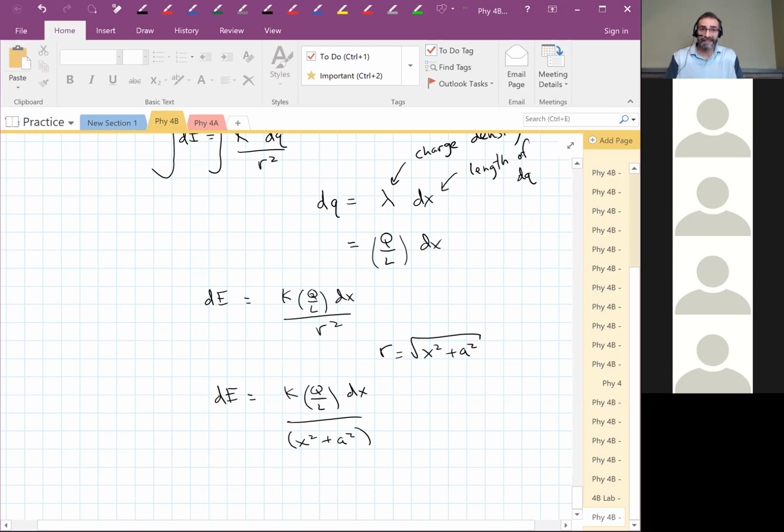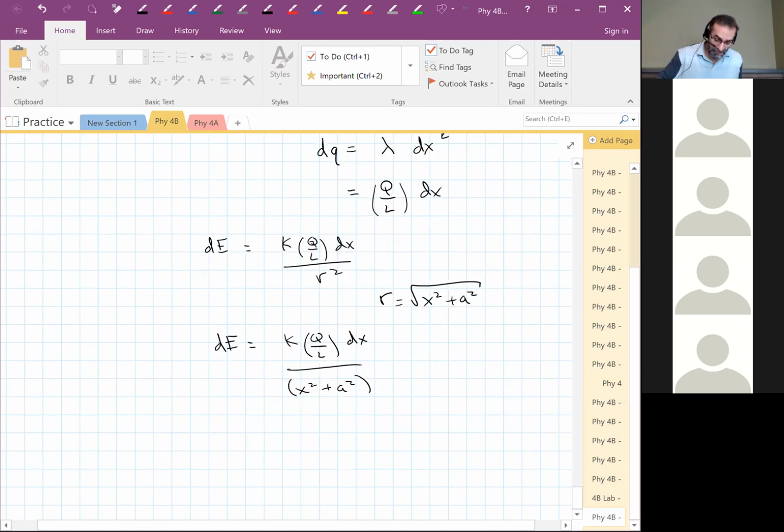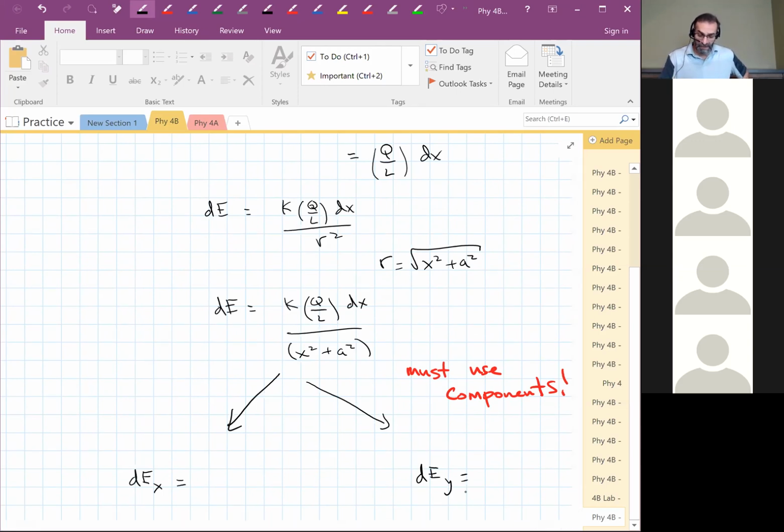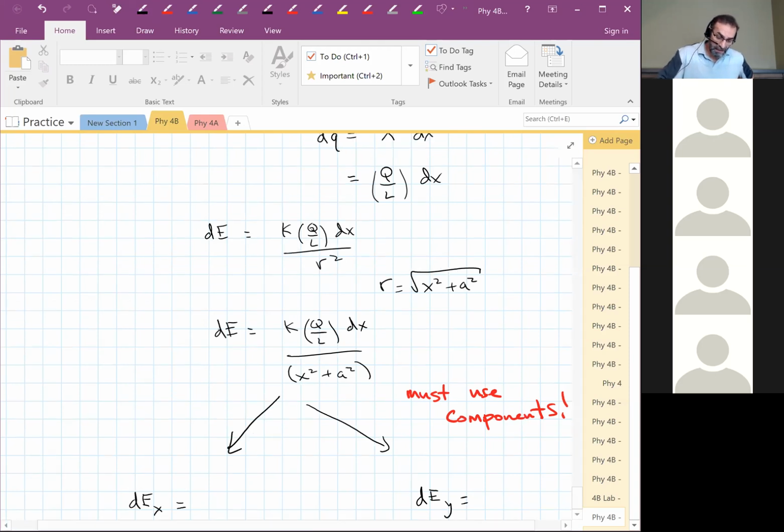But before we integrate, we have to use components, right? I'll write that in big red letters. Okay, so we need to find the x component and the y component of our small amount of electric field caused by dq.